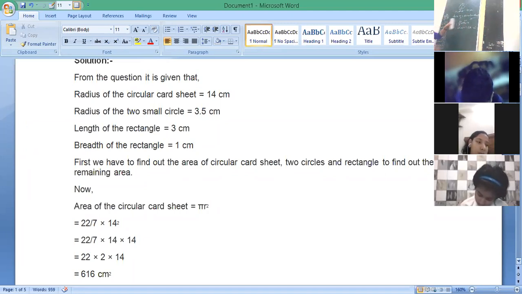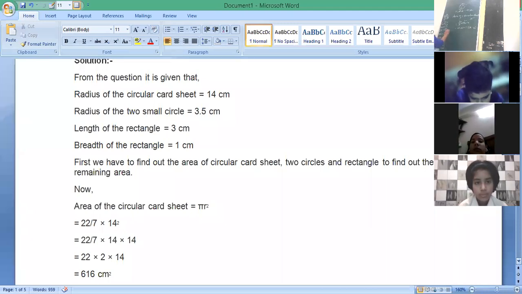Now we have to cut these small circles from this sheet, so we need the area of these small circles also. The radius is given in your book as 3.5 centimeter. Two circles of radius 3.5 centimeter are written there.